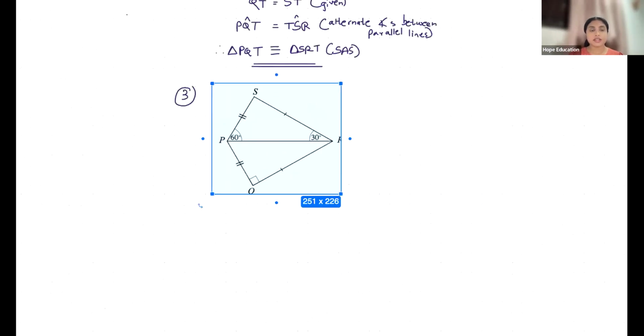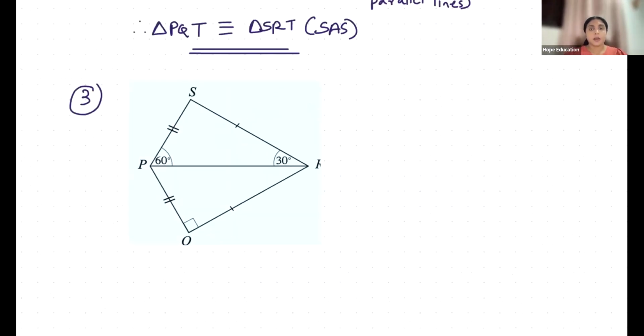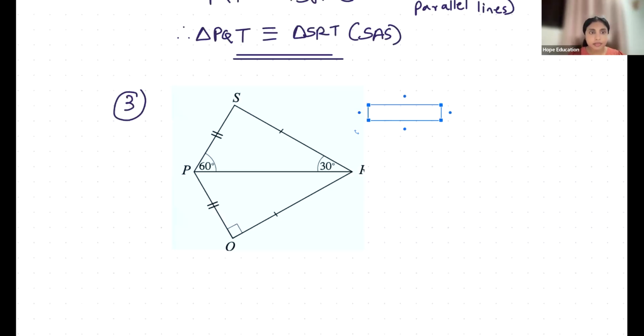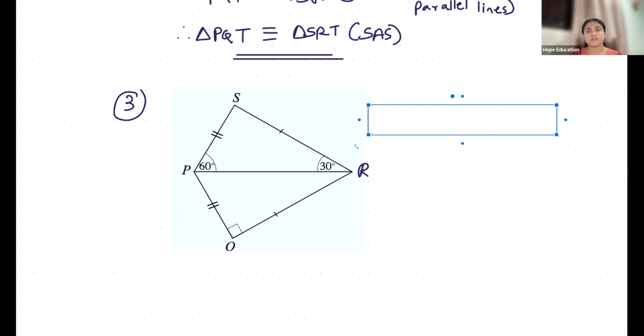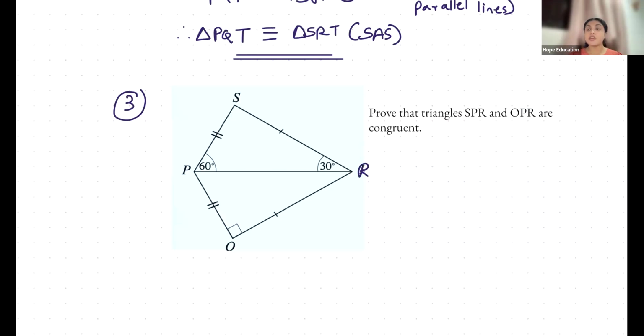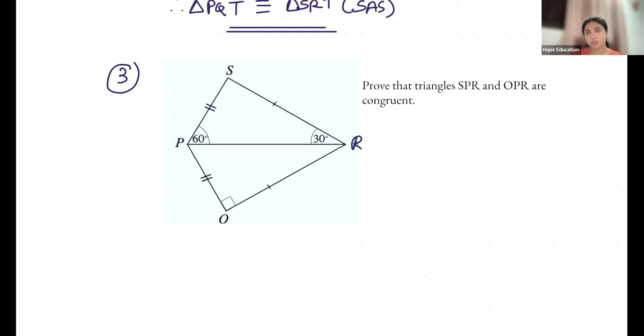Here the question is, here the letter is R. So the question is, prove that triangles SPR and OPR are congruent. Quickly do this alone. I will again give you like 4-5 minutes. Make it fast.